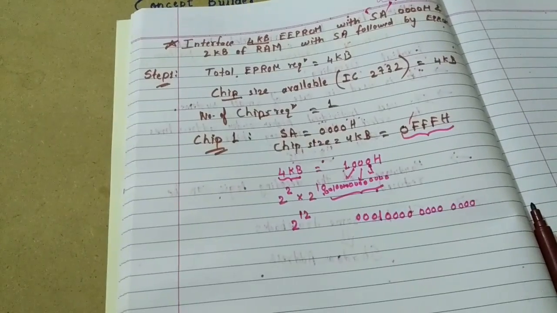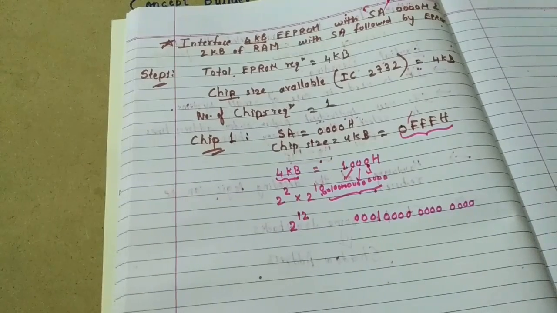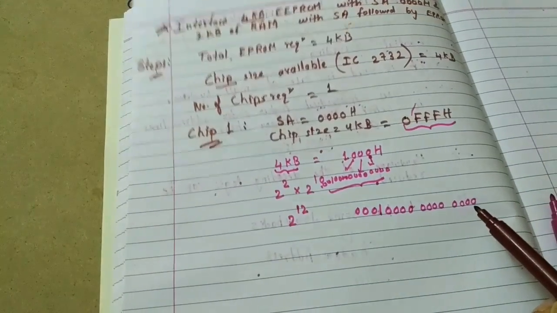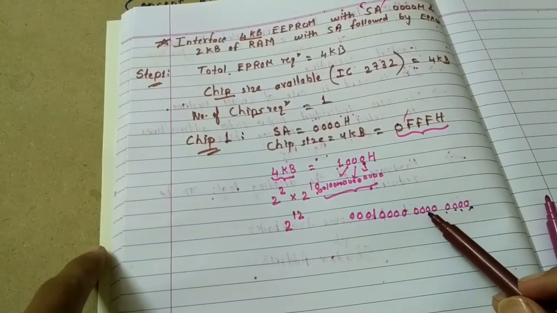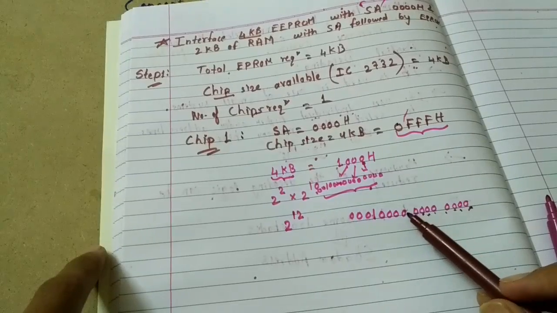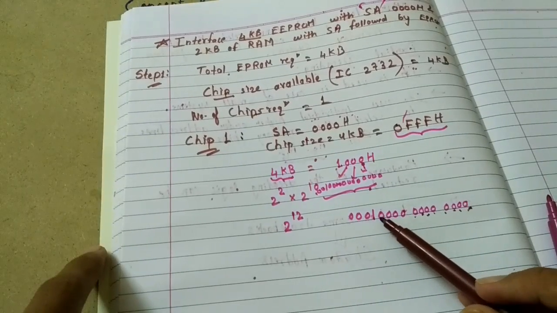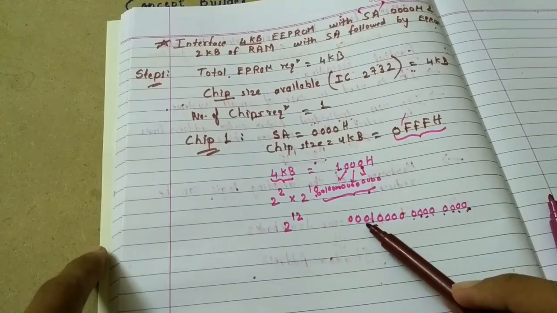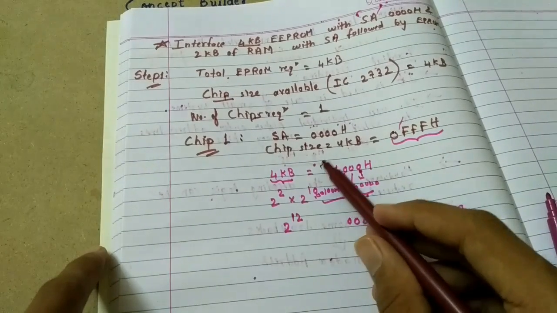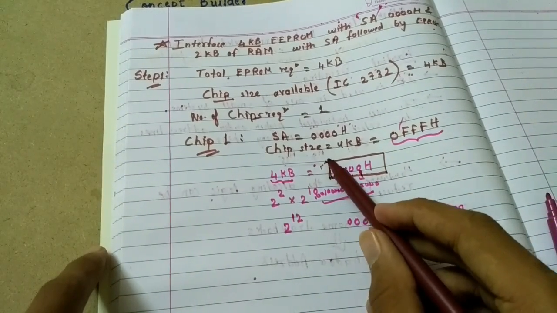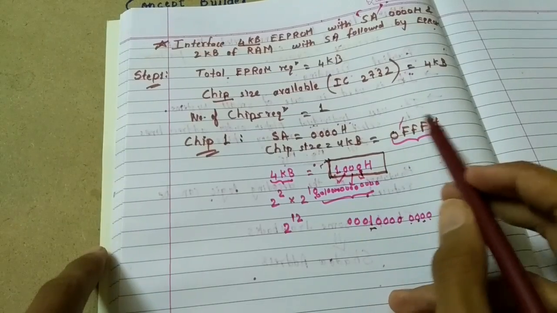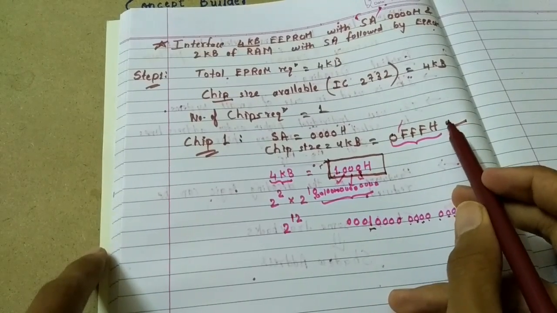So counting the bit positions, 2 raised to 0, 1, 2, 3, 4, 5, 6, 7, 8, 9, 10, 11, and this one is 12. So 2 raised to 12, that is 4 KB, can be written like this, but we write it differently. Why so?